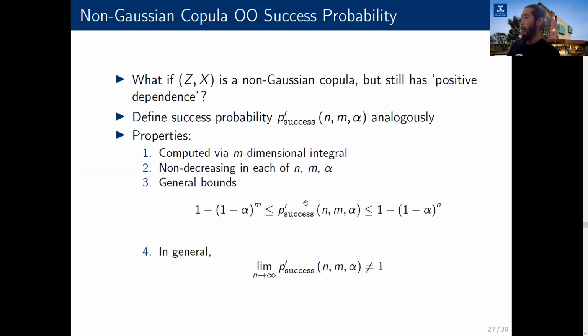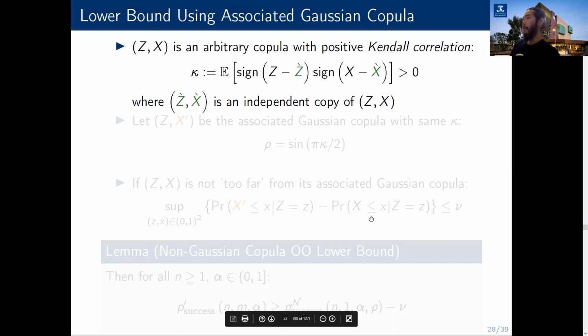But sadly, we don't have this property in general, where if you make the sample size go to infinity, the success probability converges to 1. I can give you an example of a copula where the limit of this will not be equal to 1.